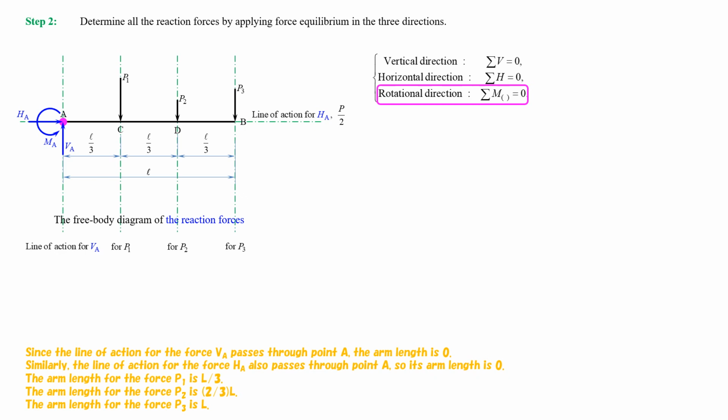Similarly, the line of action for the force HA also passes through point A, so its arm length is 0. The arm length for the force P1 is 1/3 of L. The arm length for the force P2 is 2/3 of L. The arm length for the force P3 is L.